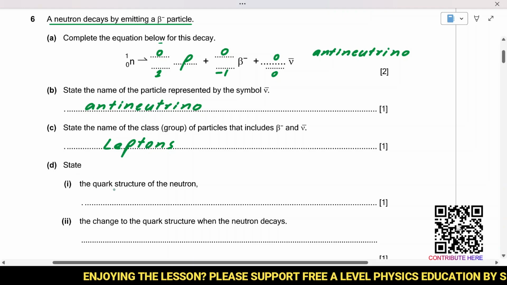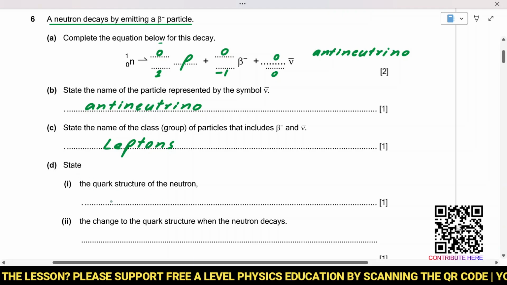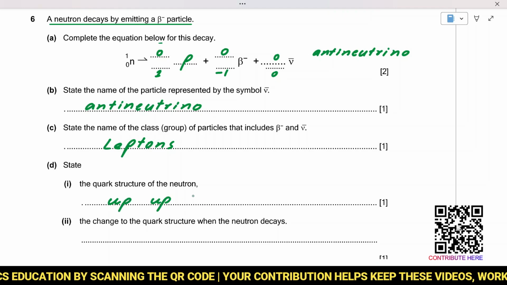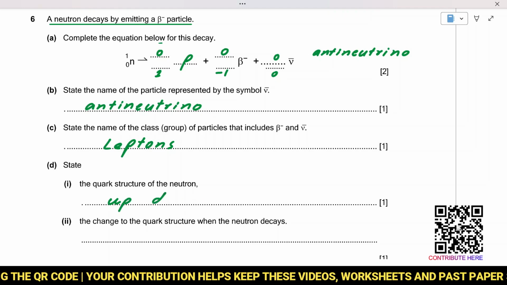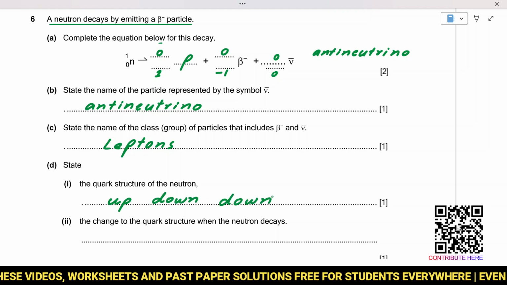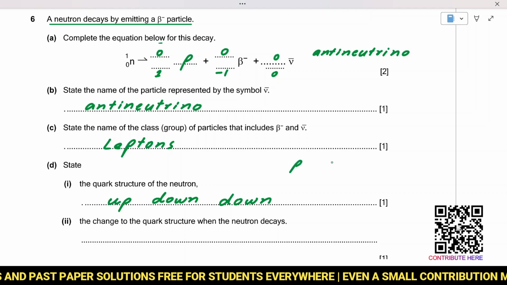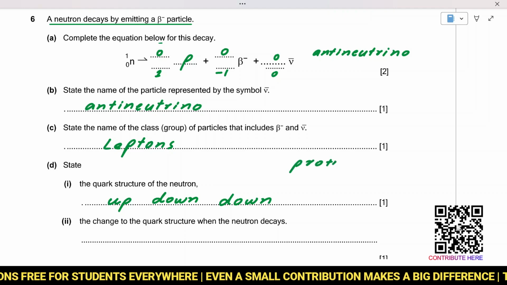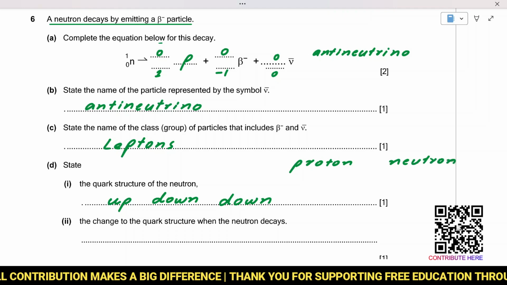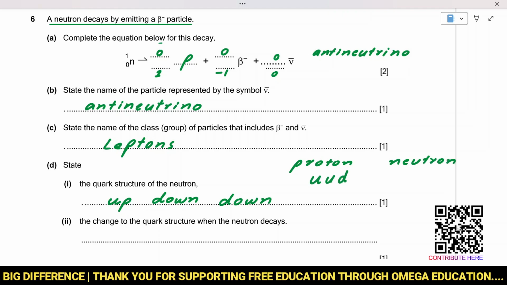State the quark structure of the neutron. Neutron: up, down, down. So proton is up, up, down.